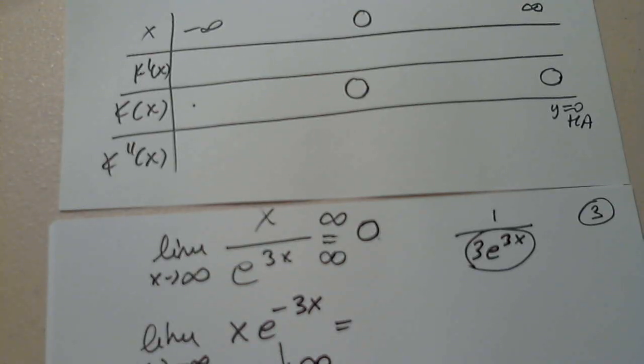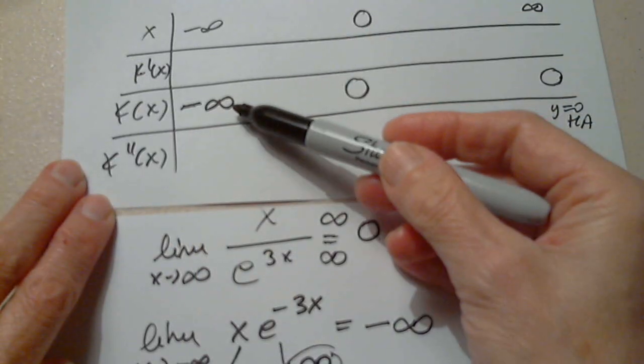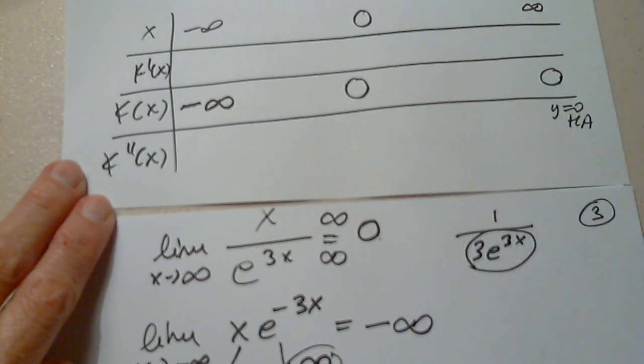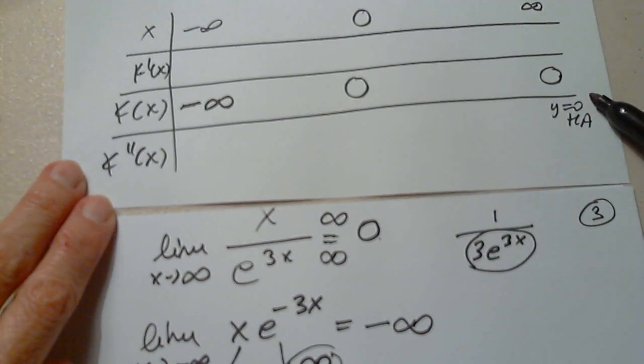So this will go to e to infinity. This piece will go to negative infinity. Well, e to infinity is infinity. Negative infinity times infinity is negative infinity. So there is no horizontal asymptote at negative infinity. It goes to negative infinity. But there is a horizontal asymptote only at infinity, which is 0.